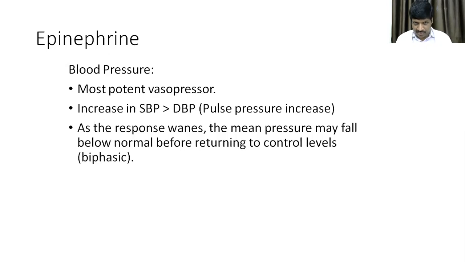So, vasopressor response. It will cause more increase in systolic blood pressure in comparison to the diastolic blood pressure. As the response wanes, the mean pressure may fall below normal before returning to control level.